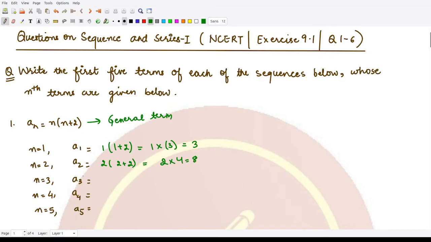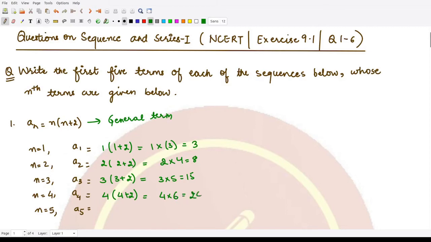The next term would be, in here we have to substitute n is equal to 3. So that we have 3 into 3 plus 2. So the answer would be 3 into 5, which is equal to 15, correct? For the next term, for a4, we need to write the value of n as equal to 4. So when you substitute n as 4, you would have 4 into 4 plus 2. So the answer is 4 into 6, right?